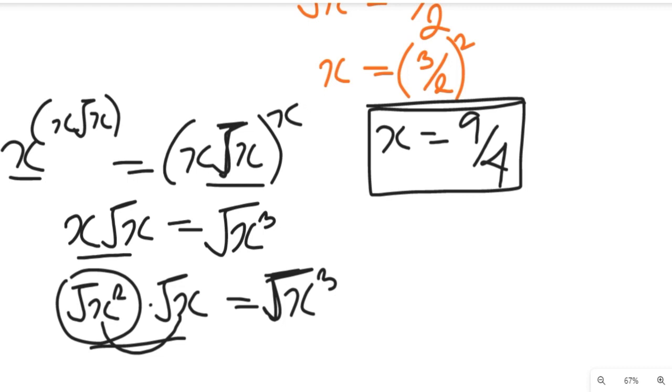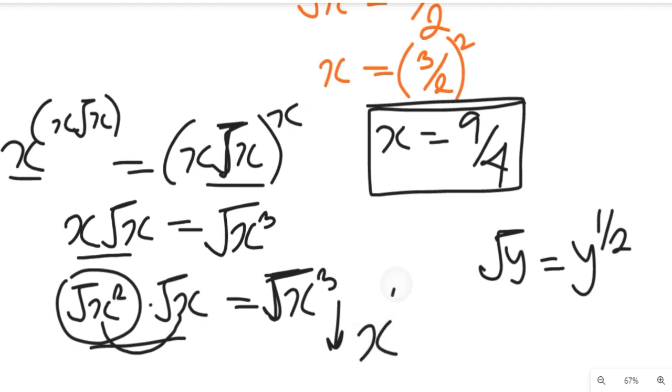And remember, if we have the square root of y, this can still be equal to y to the power of 1 divided by 2, right? So this expression here can give us x to the power of 3 multiplied by 1 divided by 2, and that will give us x to the power of 3 divided by 2.